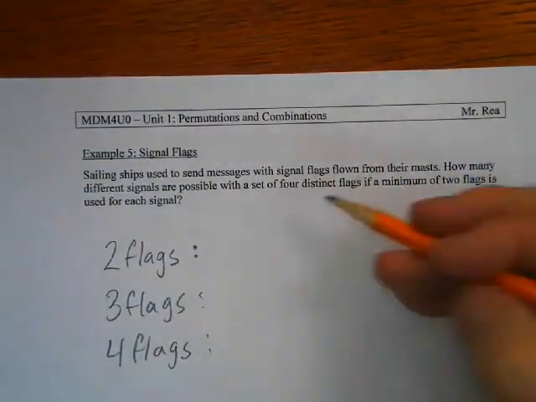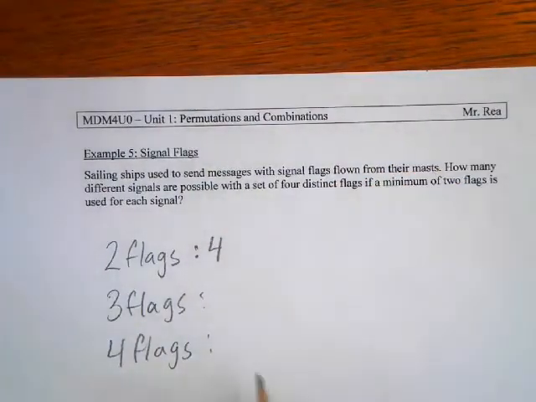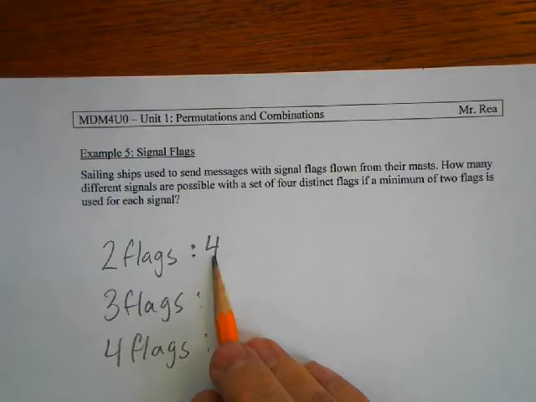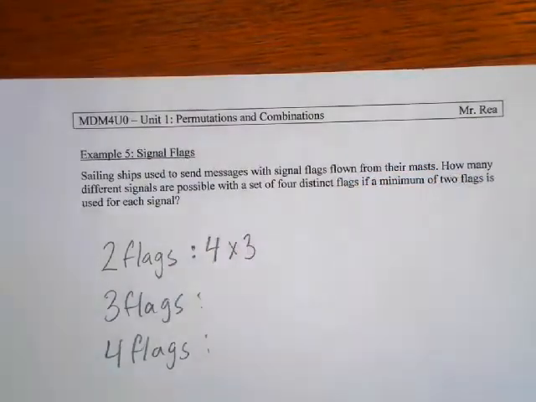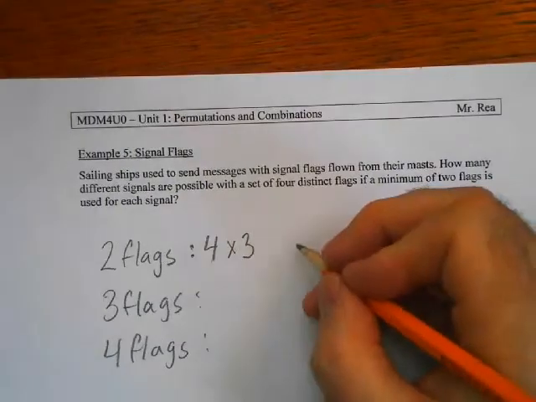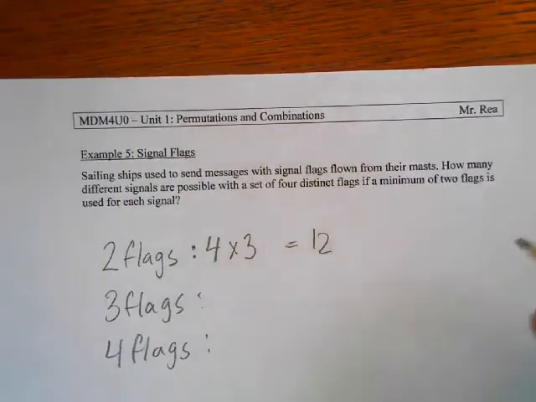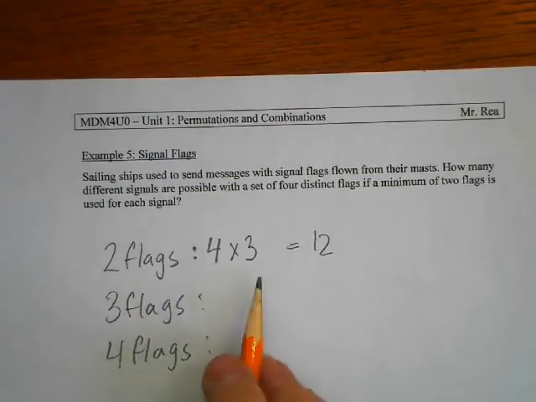Well, there's 4 different ones I can choose from. So I got 4 choices for the first flag. I'm using that. So for my second flag, I only have 3 because I've already picked my first flag. So I have a total of 12 different signals if I use 2 flags.